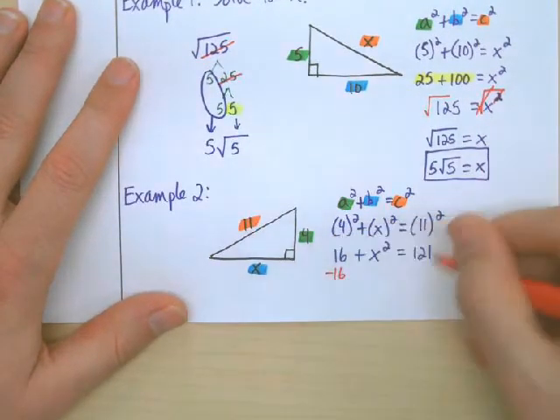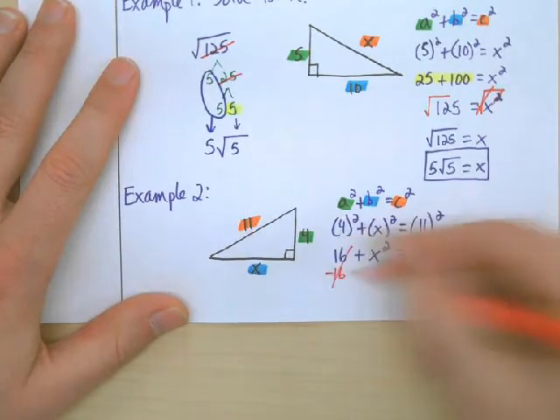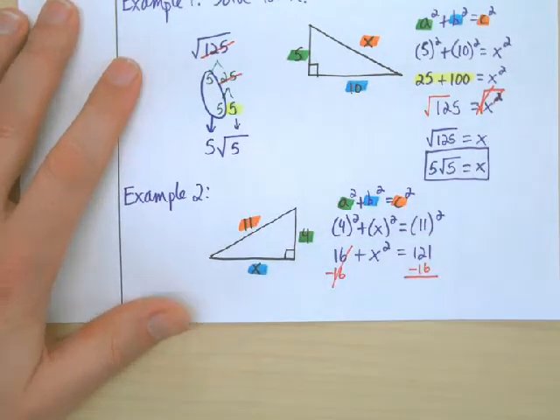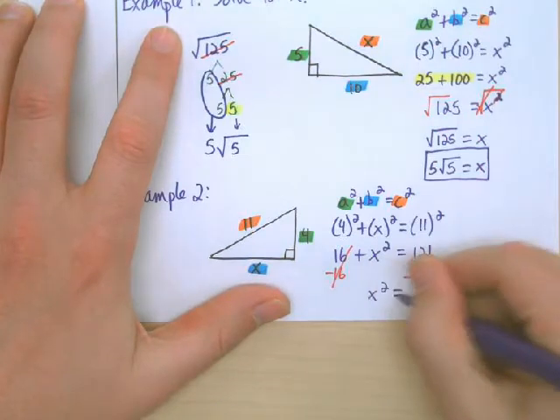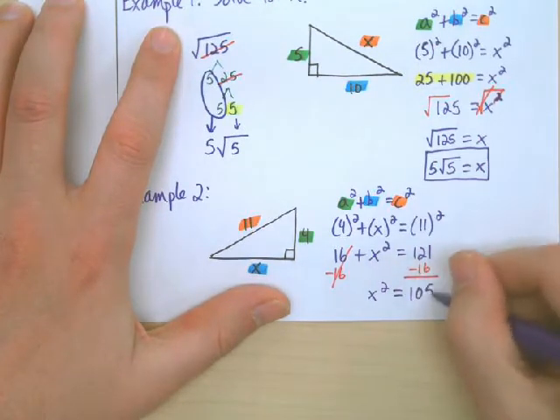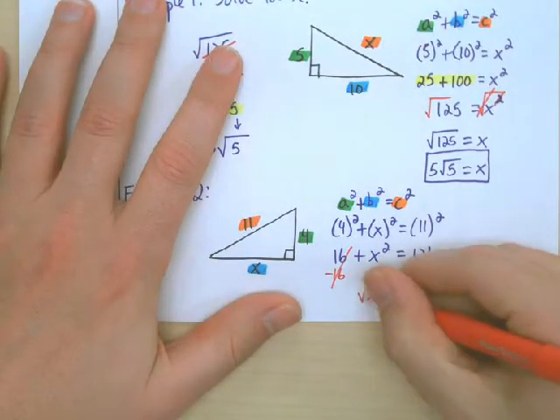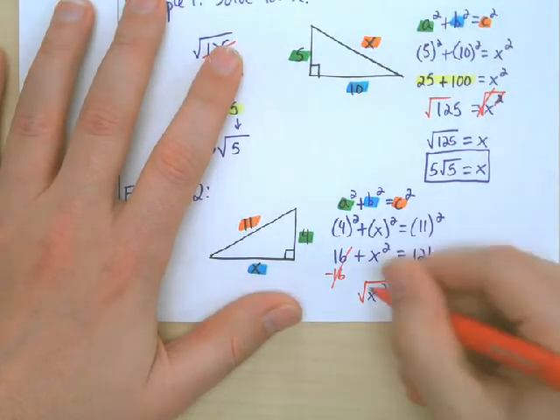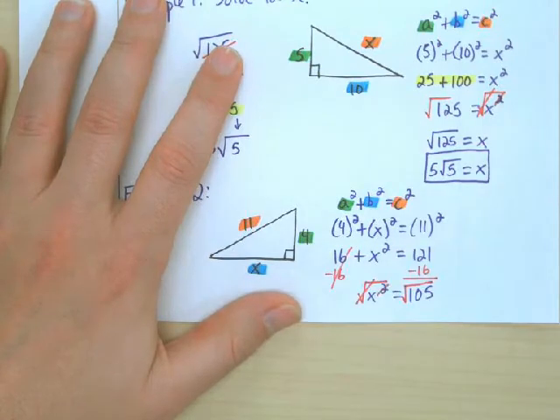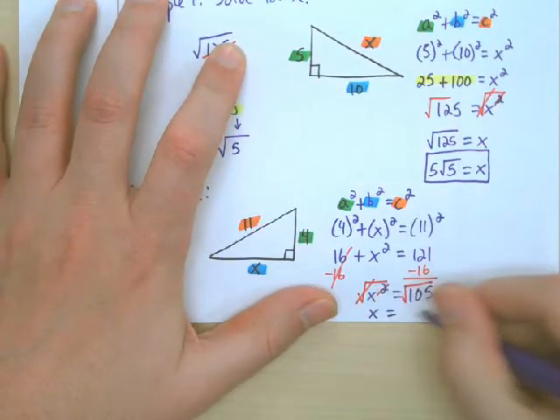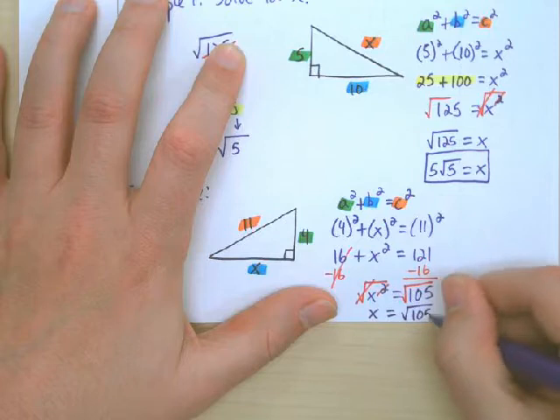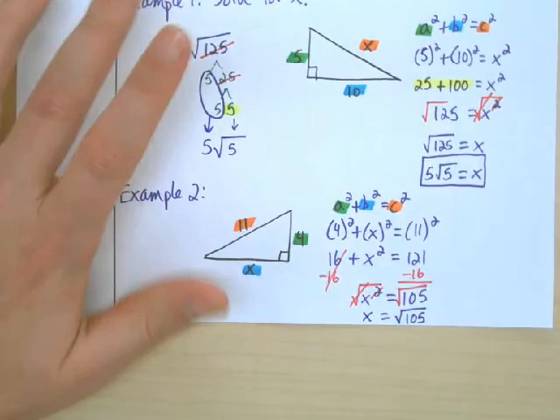Here I need to subtract 16 from both sides. So x squared equals 105. Then I square root to get rid of that exponent. X equals square root 105.